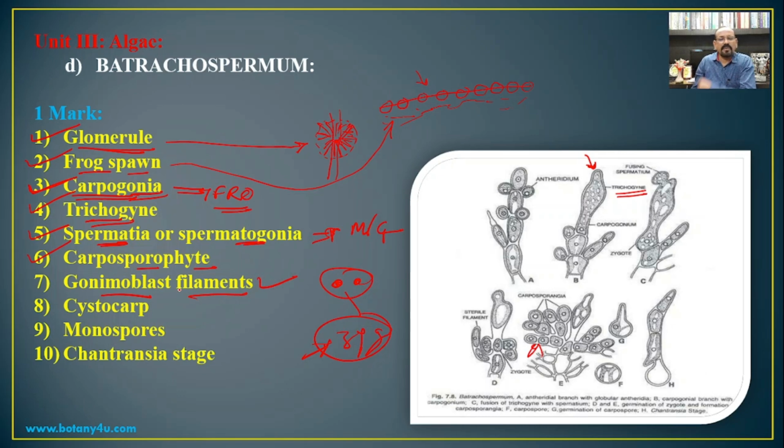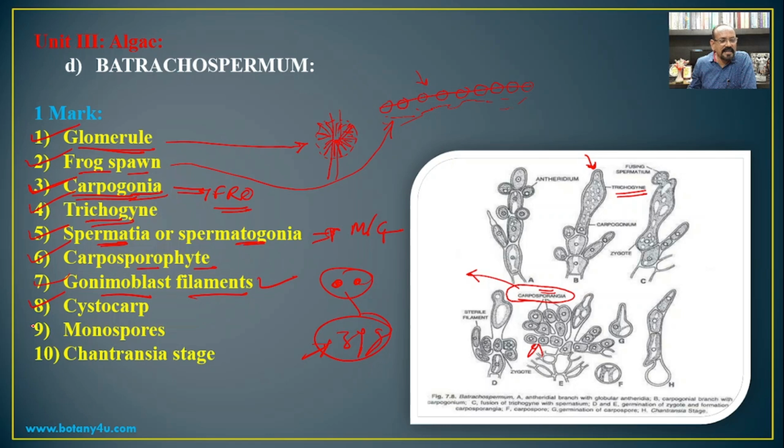From the gonimoblast filaments, carpospores form at the terminal side. The terminal cell is involved in the formation of the carpospore, and hence it is known as the carposporangia. This complete fruiting body in Batrachospermum is known as the cystocarp.